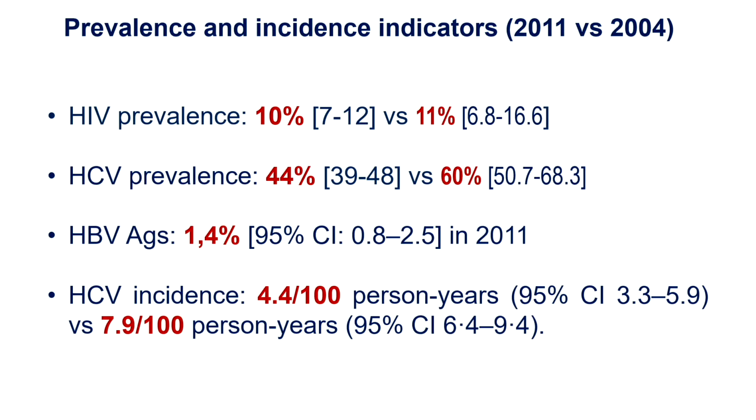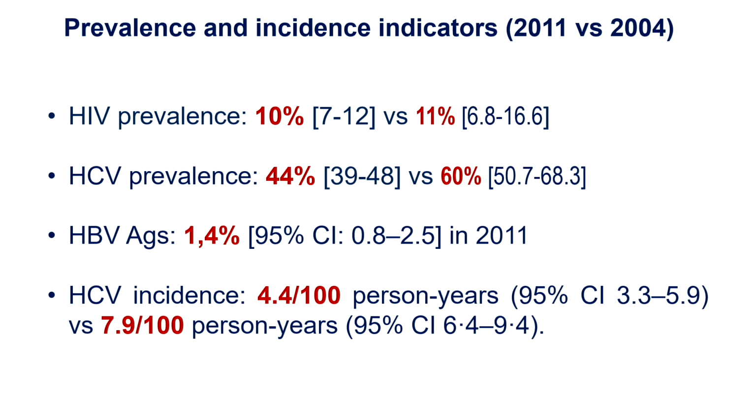I will now present some indicators. Our indicators are globally the same as the drug surveys that Ruth presented just before. I present here, unfortunately, only the results from 2011 versus 2024, because we just finished the data collection for the 2023 survey.